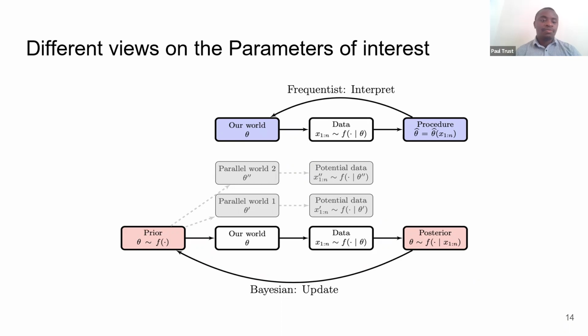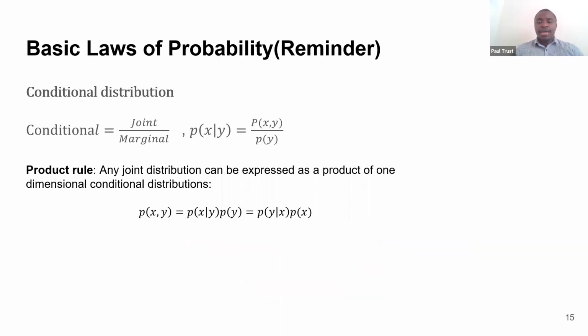So to understand this area, there are two basic laws you need to know from probability theory. One of them is the conditional distribution. In probability theory, the conditional distribution is the ratio of the joint distribution over the marginal.